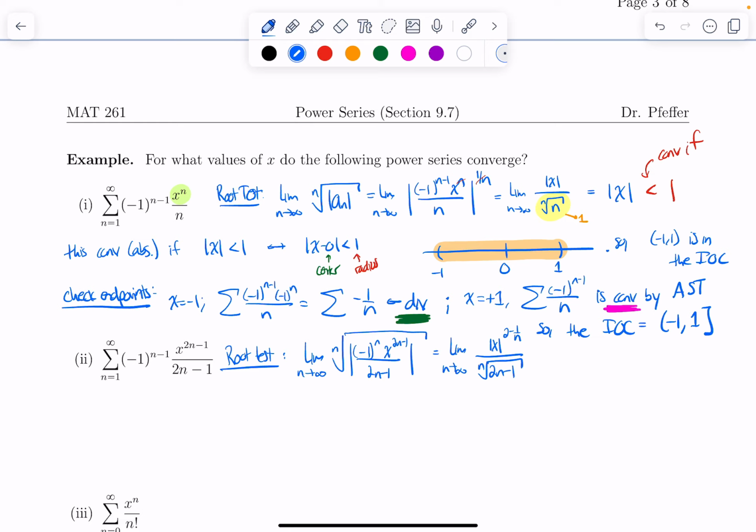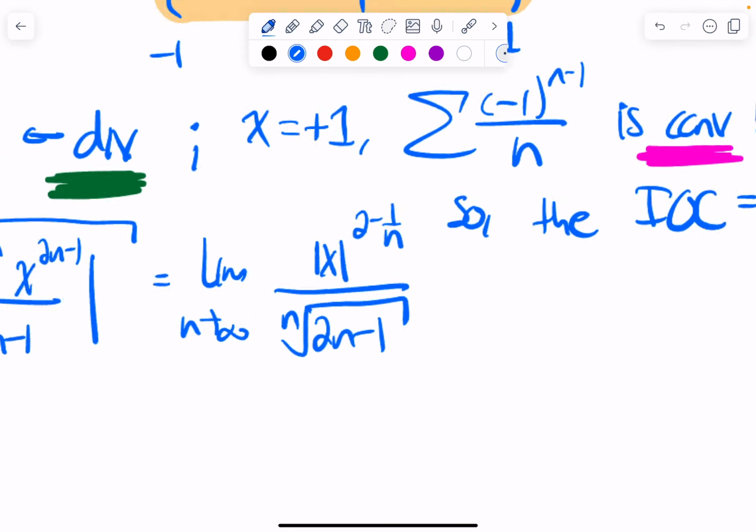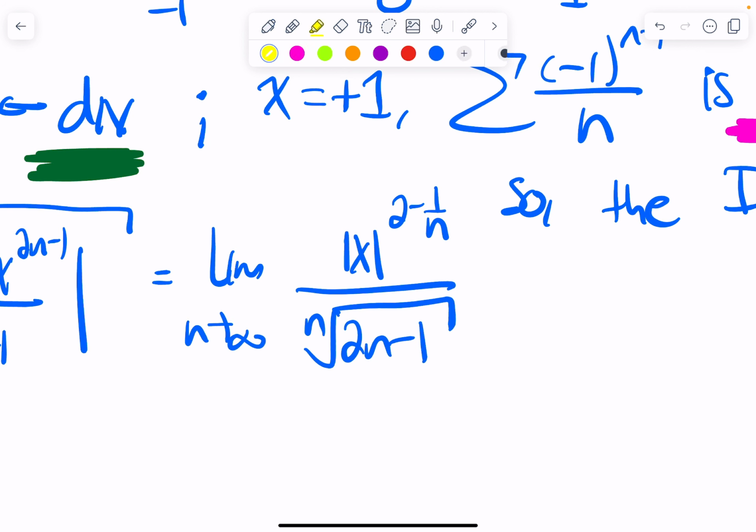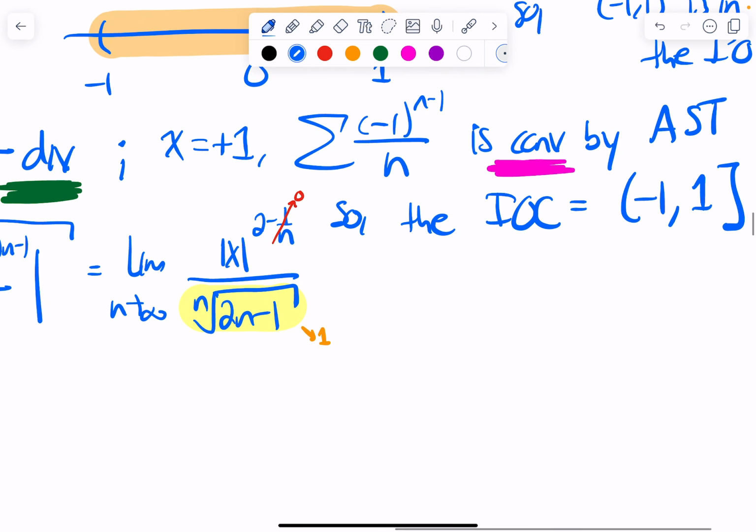And just like we saw before, the denominator is going to go to a 1. But interestingly, the 1 over n tricks and goes to 0. So here, what we're going to be left with is the absolute value of x squared.